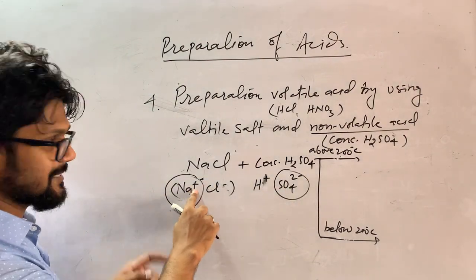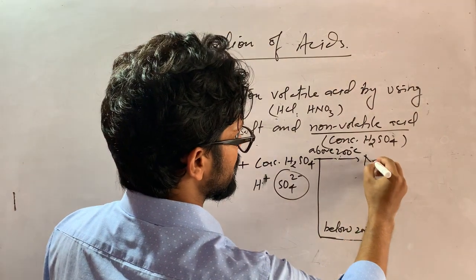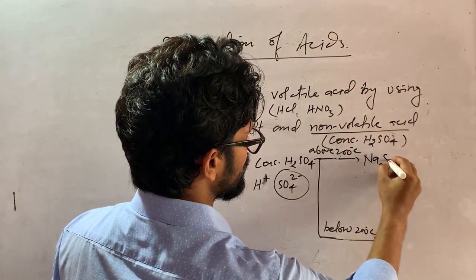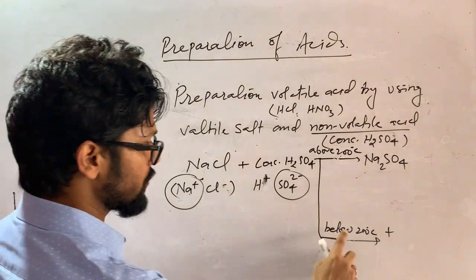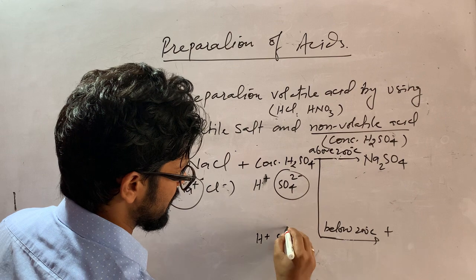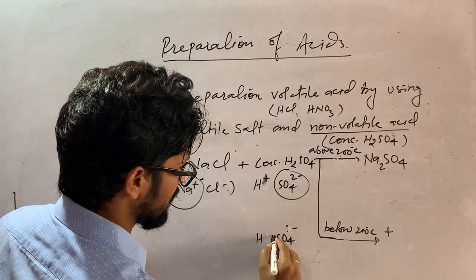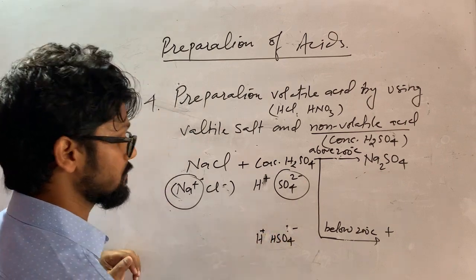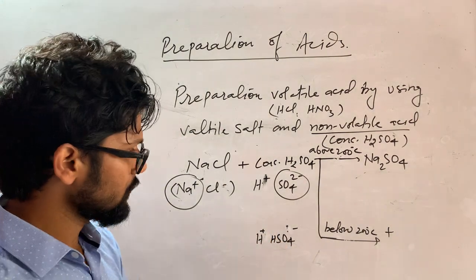Here Na is monovalent and SO4 is divalent, so it will give Na2SO4. But if the temperature is below 200 degrees Celsius, then H2SO4 will dissociate into H plus and HSO4 minus. It dissociates this way.